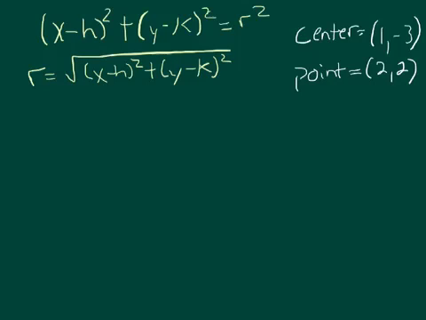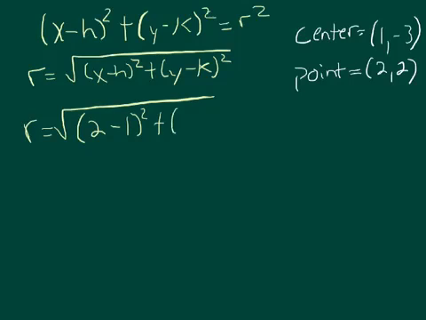We can do this in a couple steps if you want, but basically we're still just plugging numbers in. In this scenario, we have the center and we have an x and a y value, so we just use those. So the radius would be equal to the square root of (2 - 1)² + (2 - (-3))².